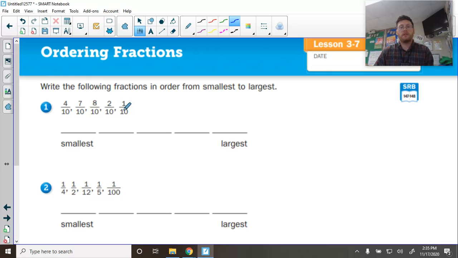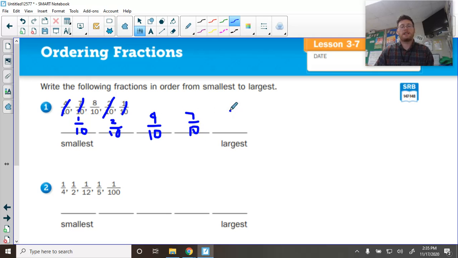They're all tenths. So that means I'm easily able to compare them based on their numerators. So the smallest numerator is 1/10. My next one is 2/10. My next one is 4/10. My next one is 7/10.